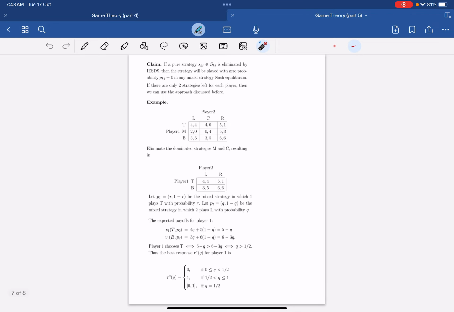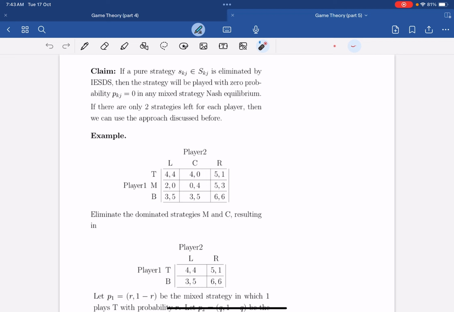So now we have another claim: if a pure strategy is eliminated by IESDS, then it won't be played in the mixed strategy, which is what we already said. The mixed strategy is made out of the pure strategies that remain.